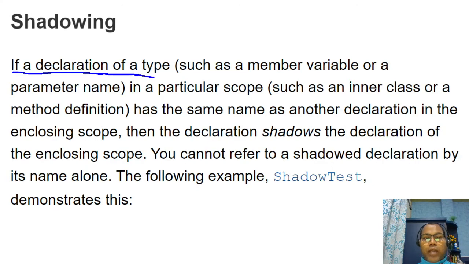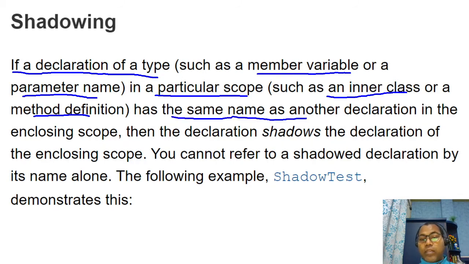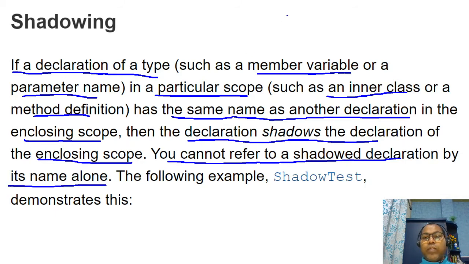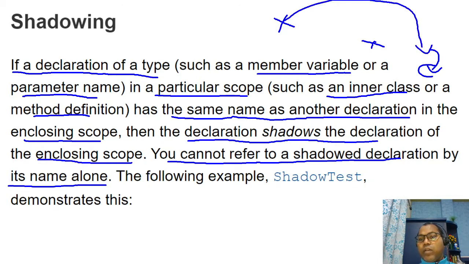If a declaration of a type, such as a member variable or parameter name, in a particular scope such as an inner class or method definition has the same name as another declaration in the top level class, then the declaration shadows the declaration of the enclosing class. So you cannot refer to a shadowed declaration by its name only. Say the top level class declares variable x, the inner class also declares variable x, and in the method you try to access x. You cannot directly access x here with only the name. So how do you access the same variable name here?